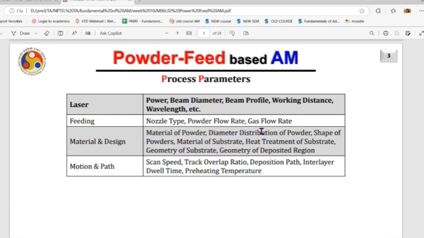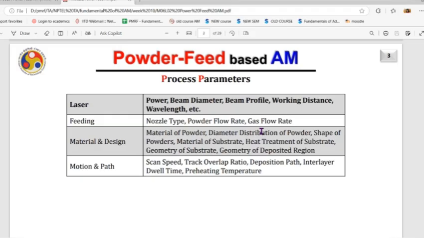Nozzle type: how many streams of powder are coming? Is it 3 stream, 4 stream, 6 stream, or continuous ring type? Powder flow rate is also important. The carrier gas is carrying the powder, so carrier gas flow rate is actually the powder flow rate. So these are the things related to the feeding of the powder.